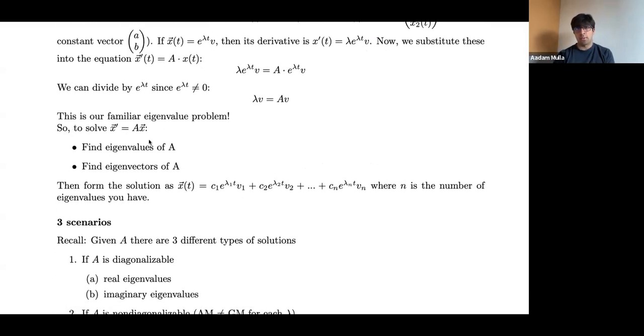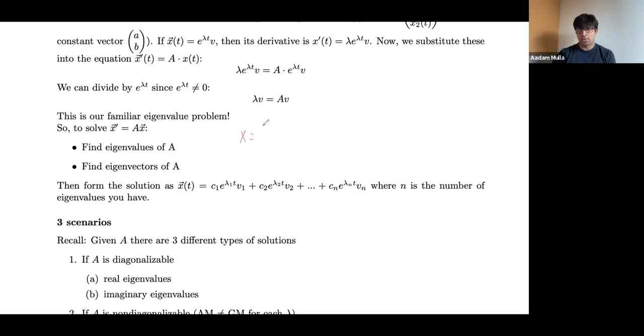So again, to solve x' = Ax, find eigenvalues, find eigenvectors, and then you form this solution right here. So the general solution is going to be x(t). I'm going to drop the t's everywhere. But remember, x is a vector, I'll even write it.